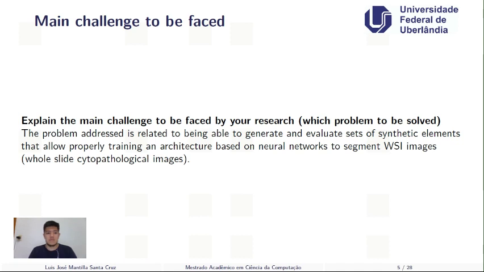This is because when we generate a dataset, we usually include some patterns, and that pattern could be overrepresented or underrepresented in the dataset.